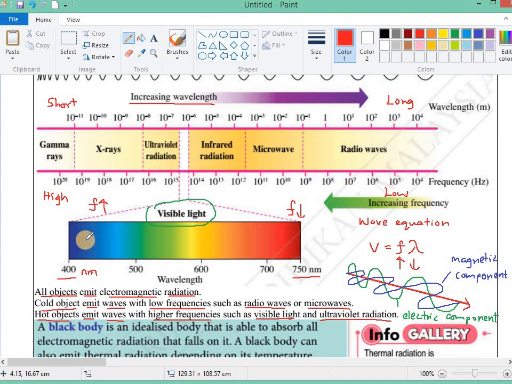That means blue light also has, green light also has, yellow, orange, and red also. So all of the colors are there. Then the combined electromagnetic wave will look like white color. We know that if all the color lights combine together, then we get white light, right?